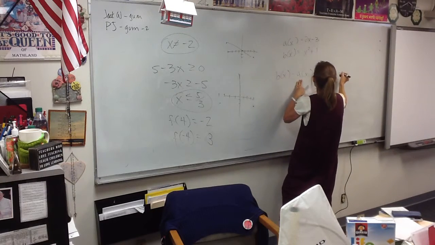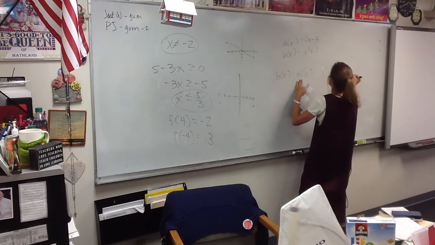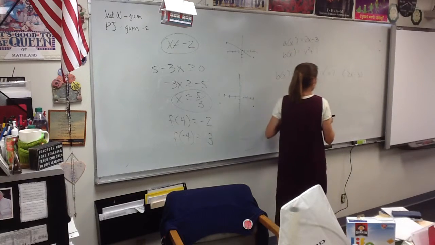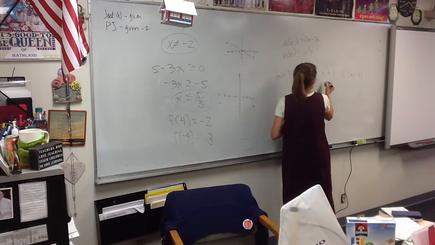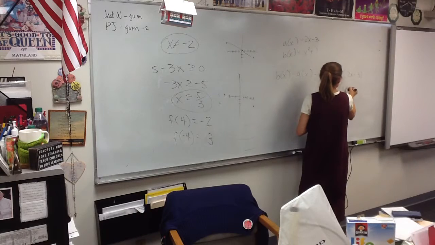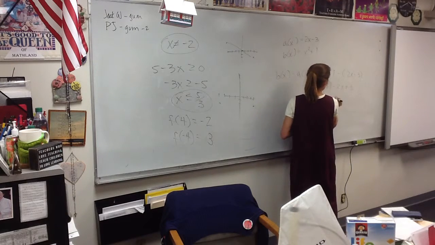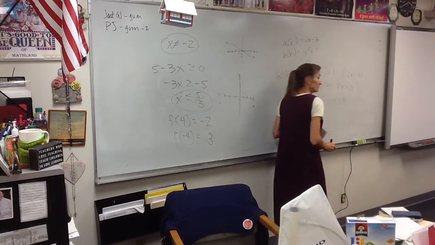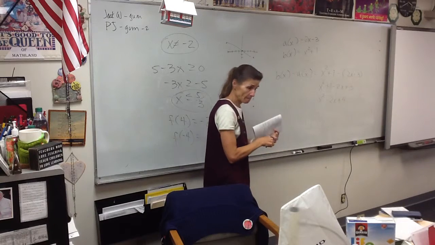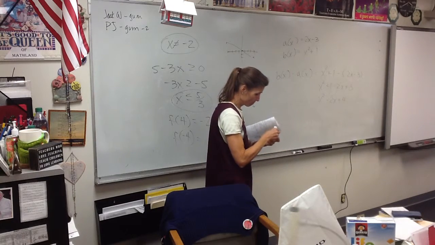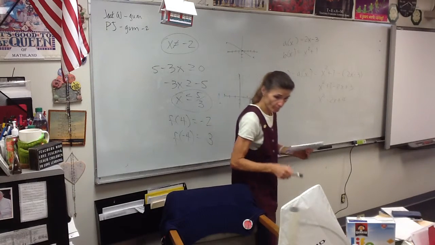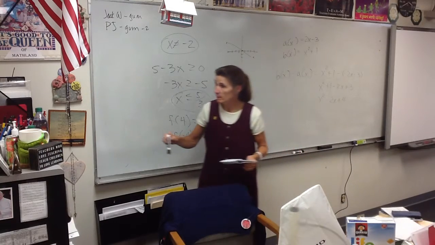X squared plus 1 minus 2x minus 3. So x squared plus 1 minus 2x plus 3, x squared minus 2x plus 4. Does that look okay to everybody?